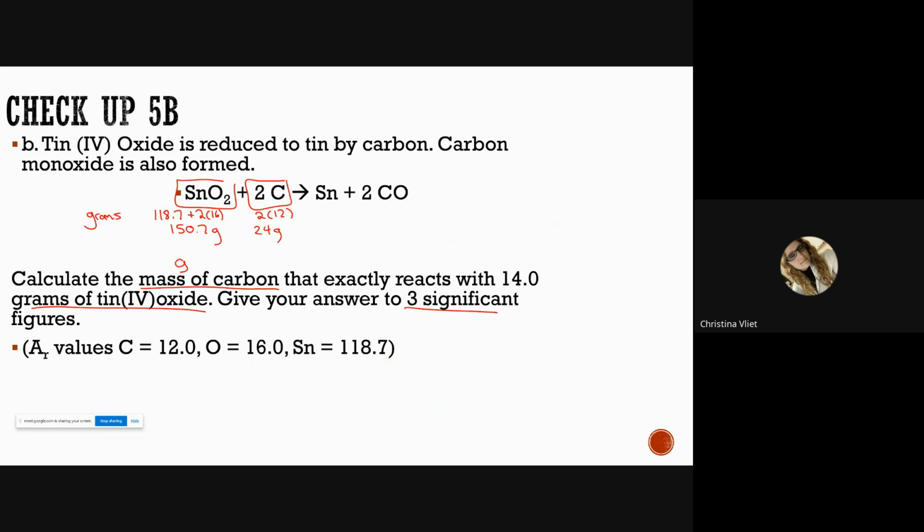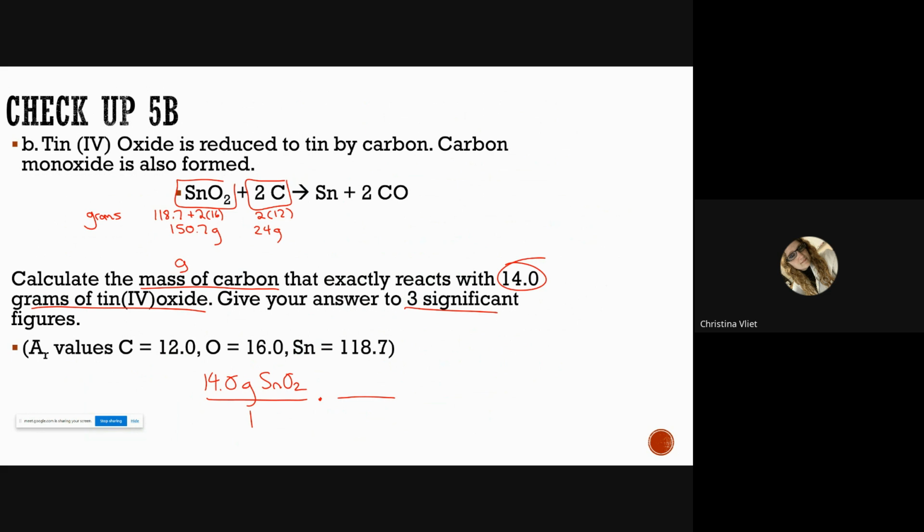Now what do I have? What's my given? 14 grams of SnO2, and the decision you have to make is what number do you multiply by and what number do you divide by. So what number goes on the bottom? So here's the deal. If you put 24 grams on the bottom, you're canceling carbon with SnO2.